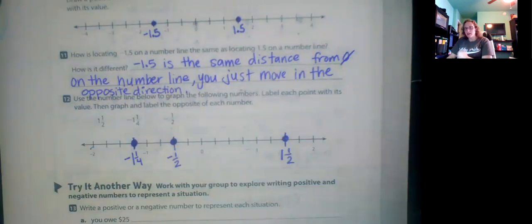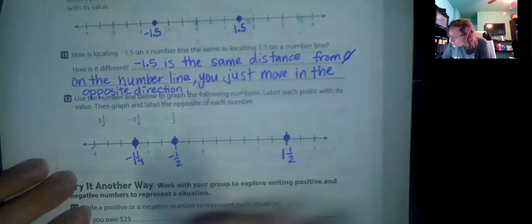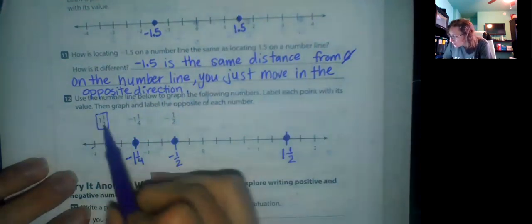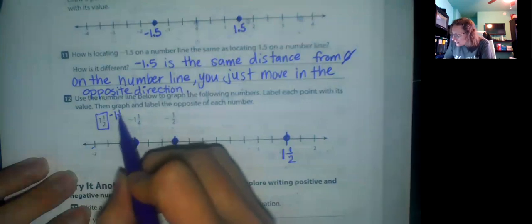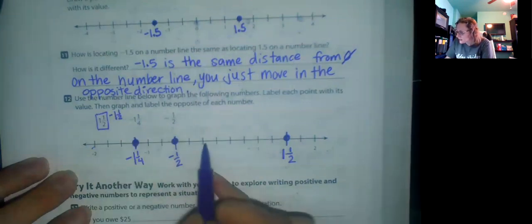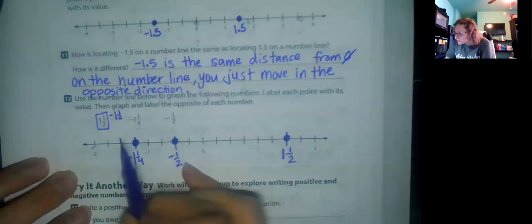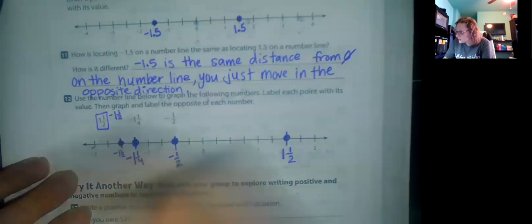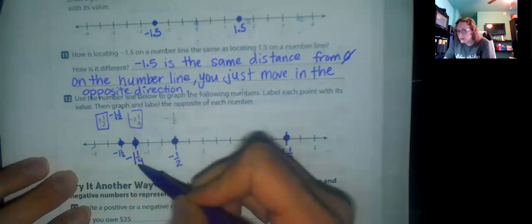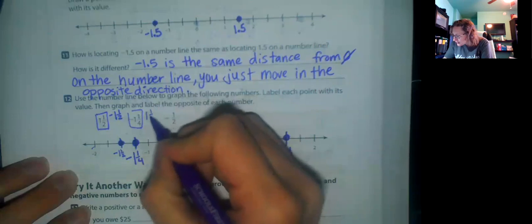Okay. Then it says, of course, to graph and label their opposites. So the opposite of 1 1/2 would be -1 1/2. So again, here's -1, and then a half would be here. Okay. -1 1/4. The opposite of that would be +1 1/4.